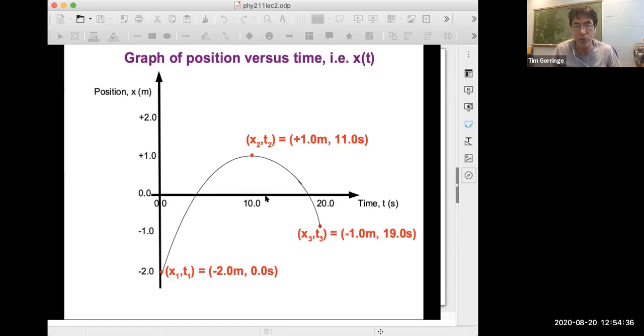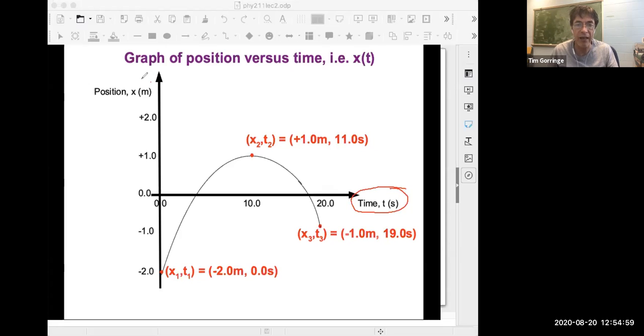It's a graph that we'll often draw when we think about objects moving through space and time. So look at this graph. Let me get the pen working again. The horizontal axis on this graph is time.